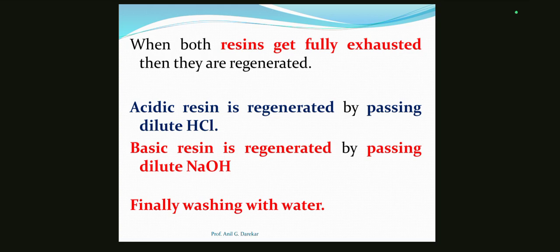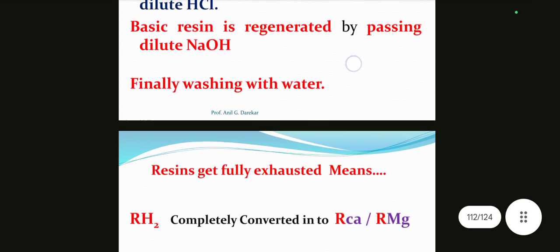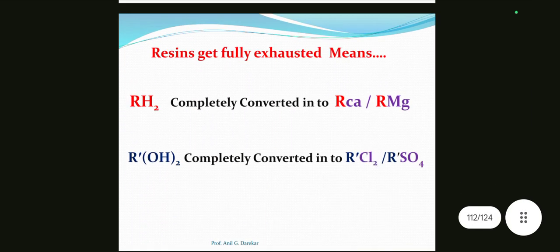So for the cation exchanger we are going to use HCl for regeneration, and for the anion exchanger we are going to use NaOH.